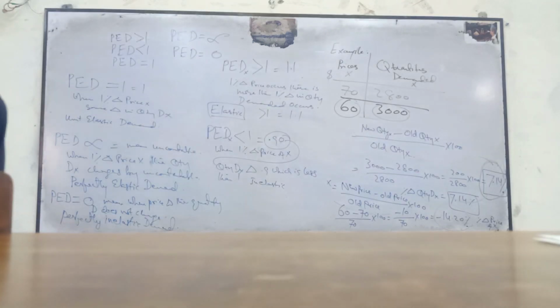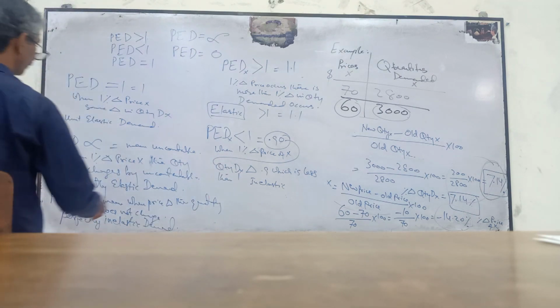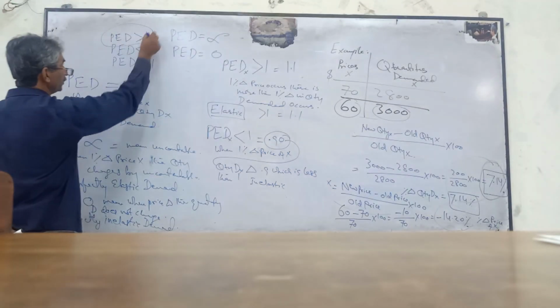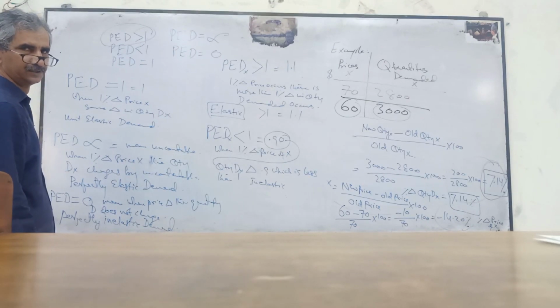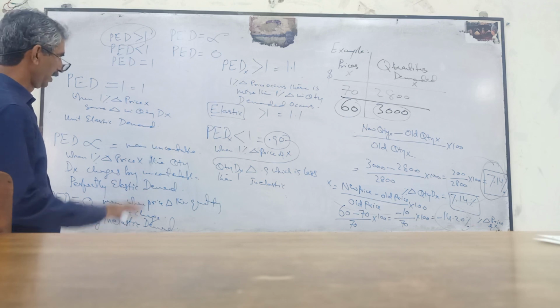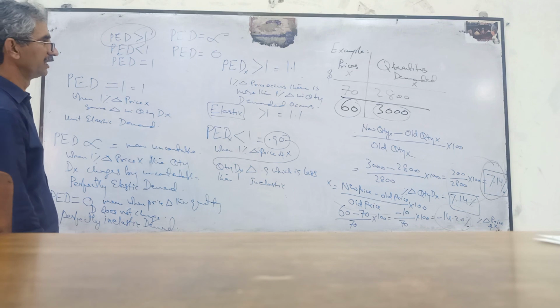These are the different types of results which we are expecting when we calculate. If your answer is greater than 1, we say the product has elastic demand. Such products are very sensitive. People change their buying behavior: when price increases, they decrease their demand.